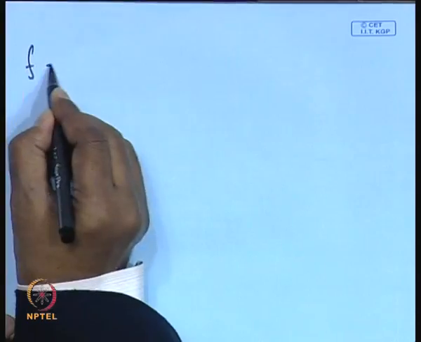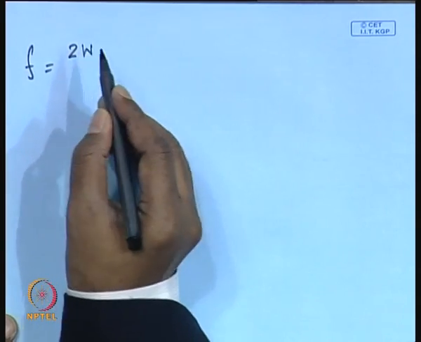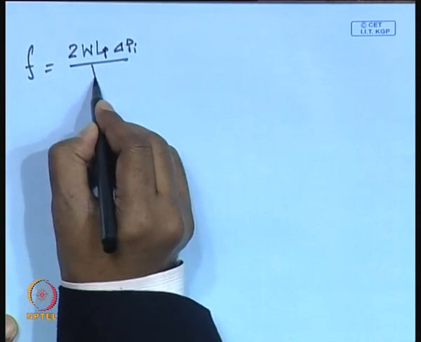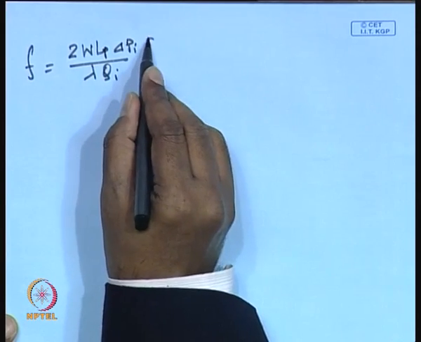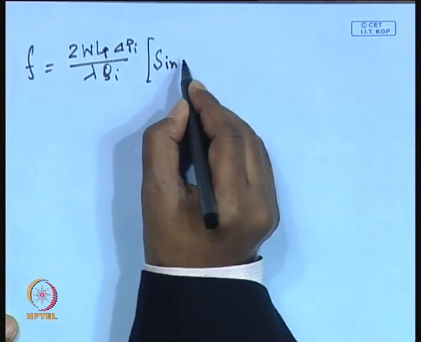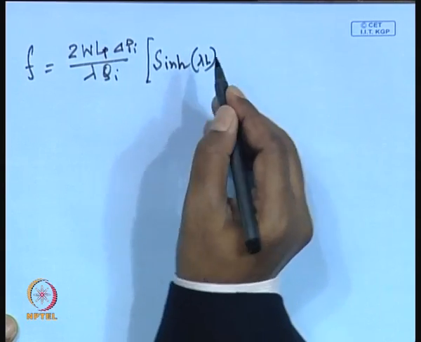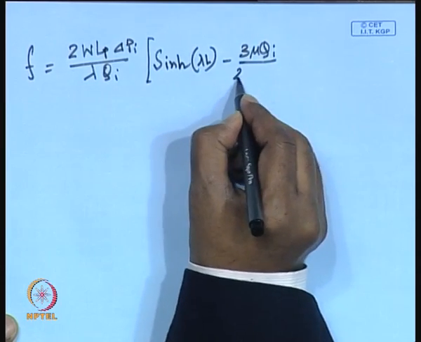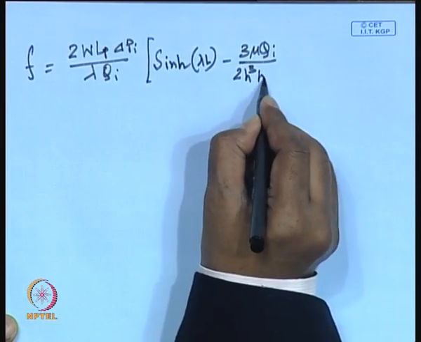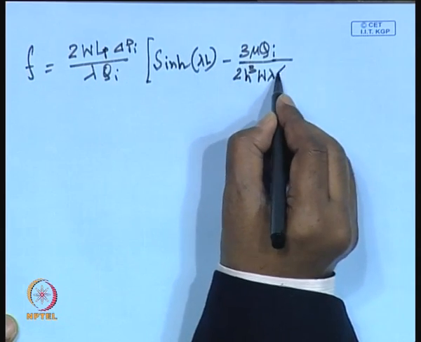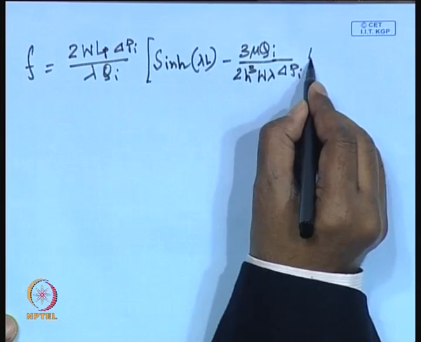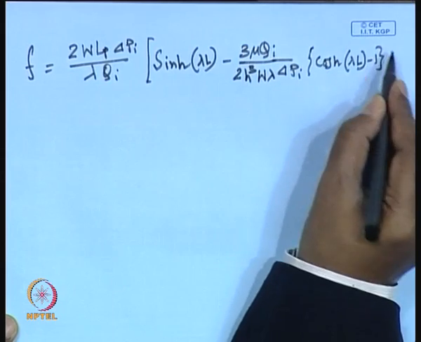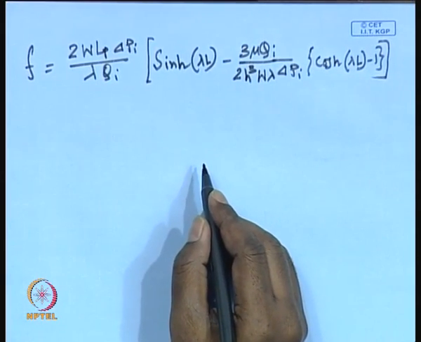If you do that, you will get F equals 2W Lp delta Pi divided by lambda times Qi, bracket sinh(lambda L) minus 3 mu Qi divided by 2 h cube W lambda delta Pi, times cosh(lambda L) minus 1. It becomes a complicated expression.